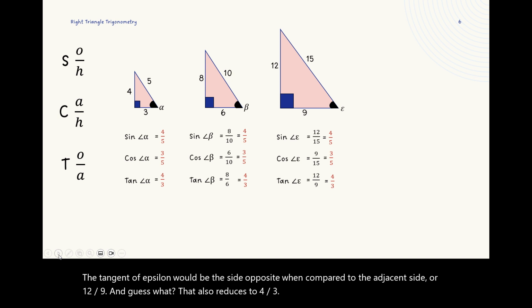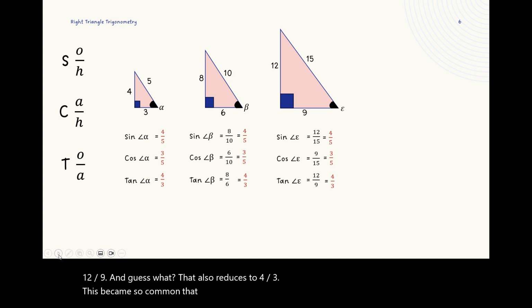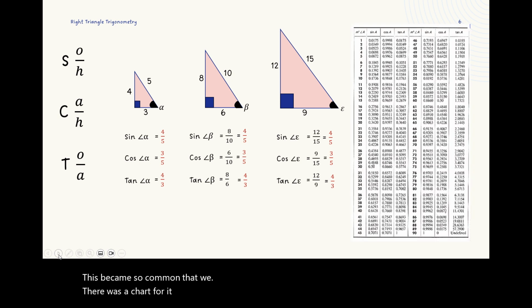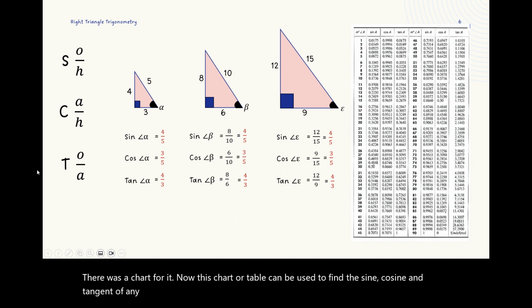These became so common that there was a chart for it. Now, this chart or table can be used to find the sine, cosine, and tangent of any integer angle measure. Do you know an angle is 25 degrees?